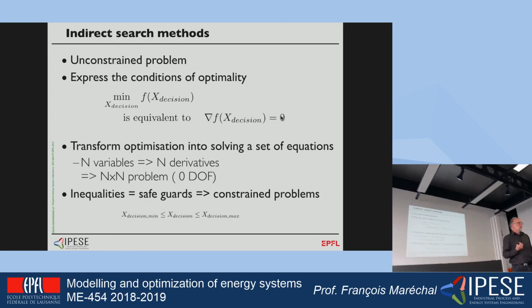Okay? And as soon as I have written this, then I know how to solve a problem with a set of nonlinear equations. So you have learned how to do it. Initial guess, Newton-Raphson method to find the next step of the set of decision variables until we reach the conditions of convergence, which will be defined by all the derivatives being equal to 0.